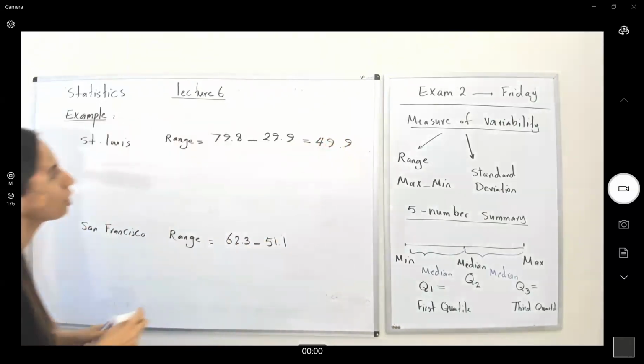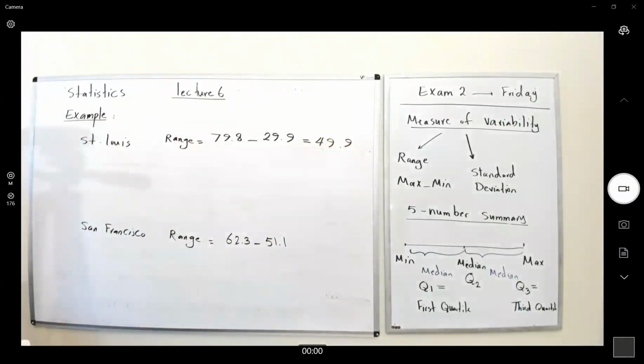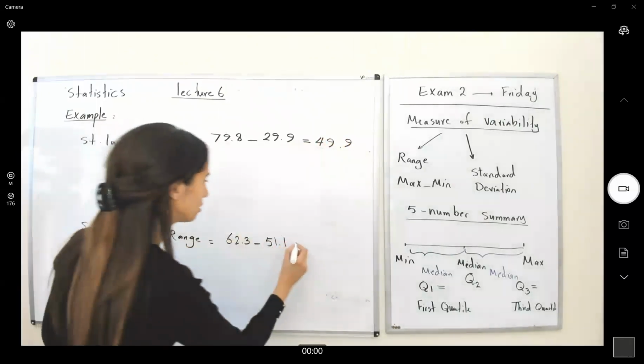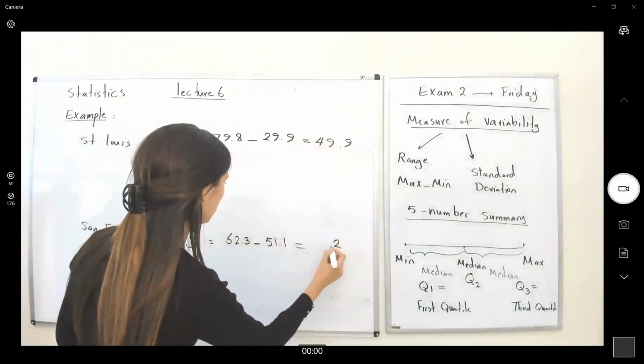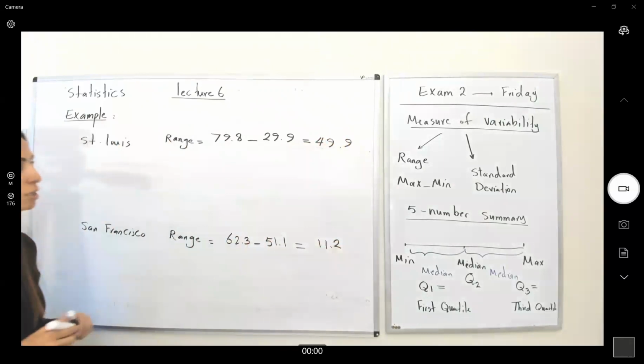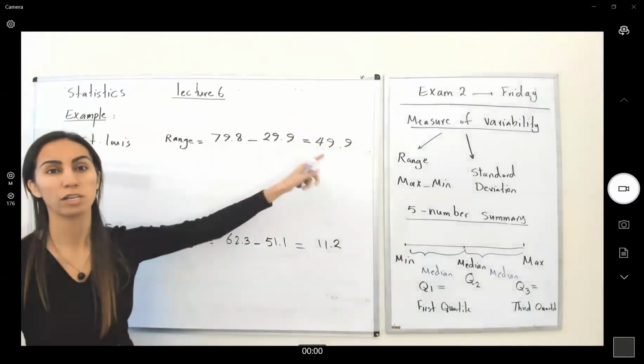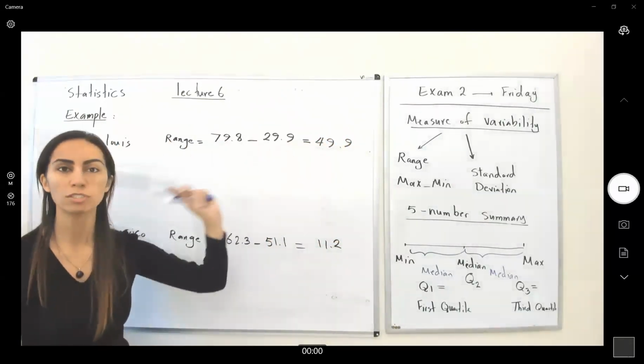So we get 49.9. Very well. Okay, so let's do the subtraction here. We have 2.1 and 1. So the range of the data in the first collection is almost 50.